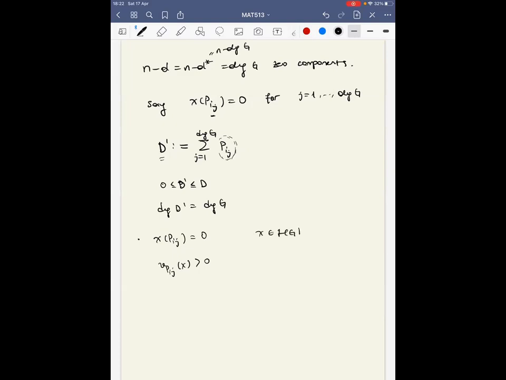And since the function x is chosen from the Riemann space of G, we can see that this non-zero function lies in L of G minus D prime, and indeed this shows us the dimension is also strictly positive.